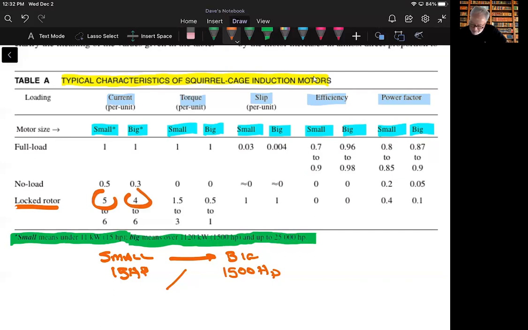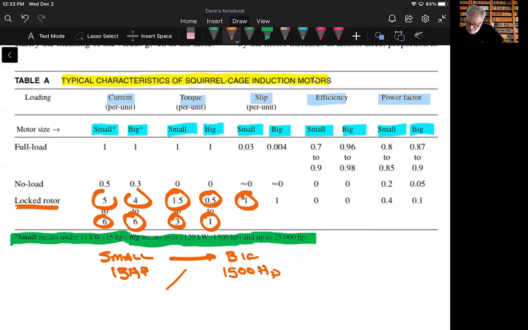And for big motors, it's 4 up to 6, depending on particular motors. The torque at locked rotor is 1.5 times the rated torque, up to 3, and 0.5 to 1 for the big motor. So there are some interesting comparisons.